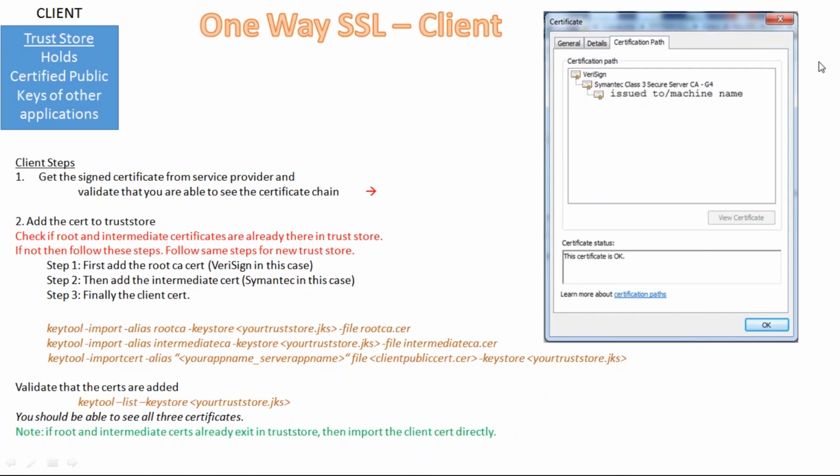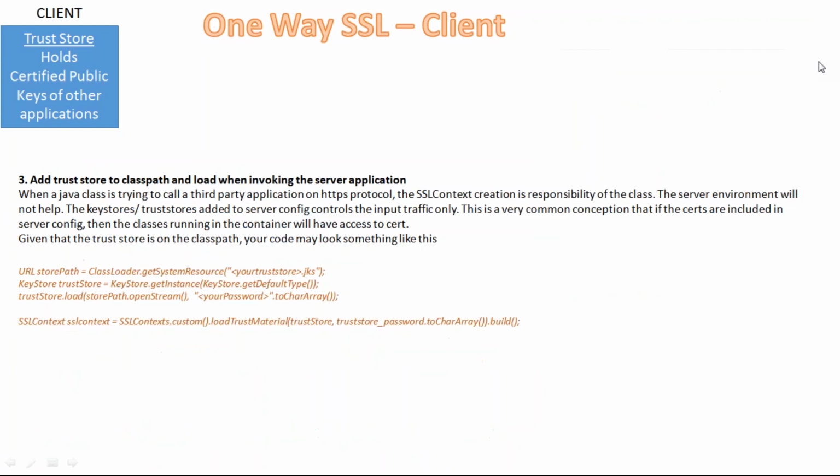The point to note is, if the CA certificates, which is Symantec and VeriSign, are already in your trust store, then you can try to add the public certificate directly.